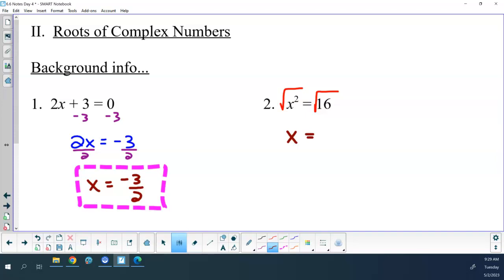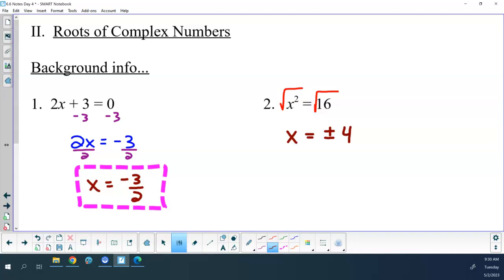The kicker is the plus or minus. Plus or minus, because there's 2 of them, because positive 4 squared gets me 16, negative 4 gets me 16. So those would also be kind of like what we're doing today, where we're going to be taking the square root of both sides, or the third root of both sides, or so on and so forth.